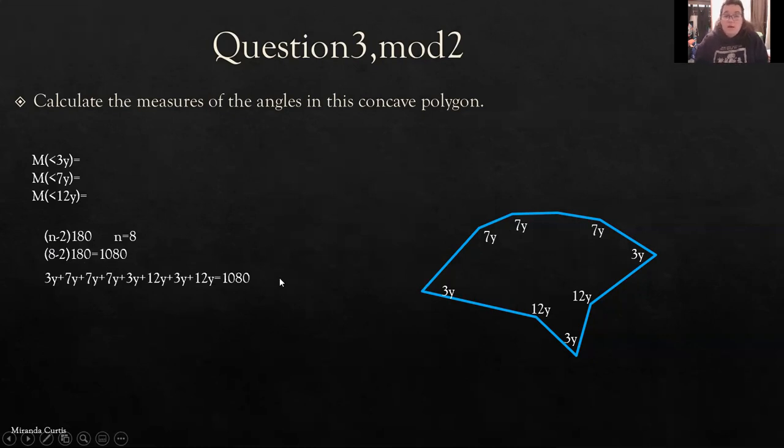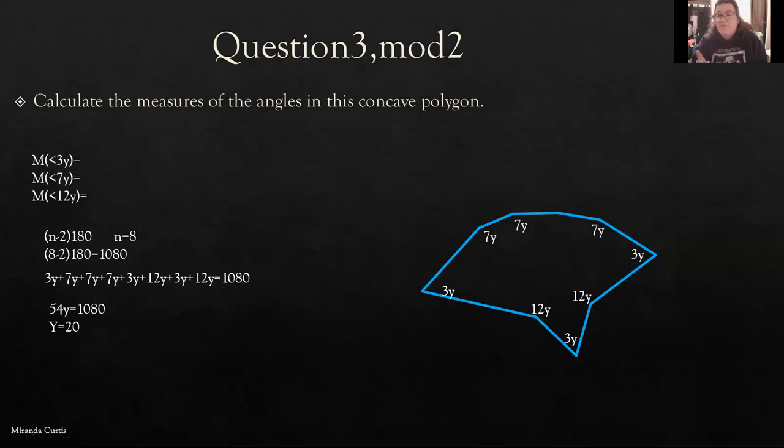Now, since we know our outside angles right here, we're going to go around: 3y plus 7y plus 7y plus 7y, plus 3y plus 12y plus 3y plus 12y. We add that up: 54y equals 1080. So we go 1080 divided by 54 equals 20.